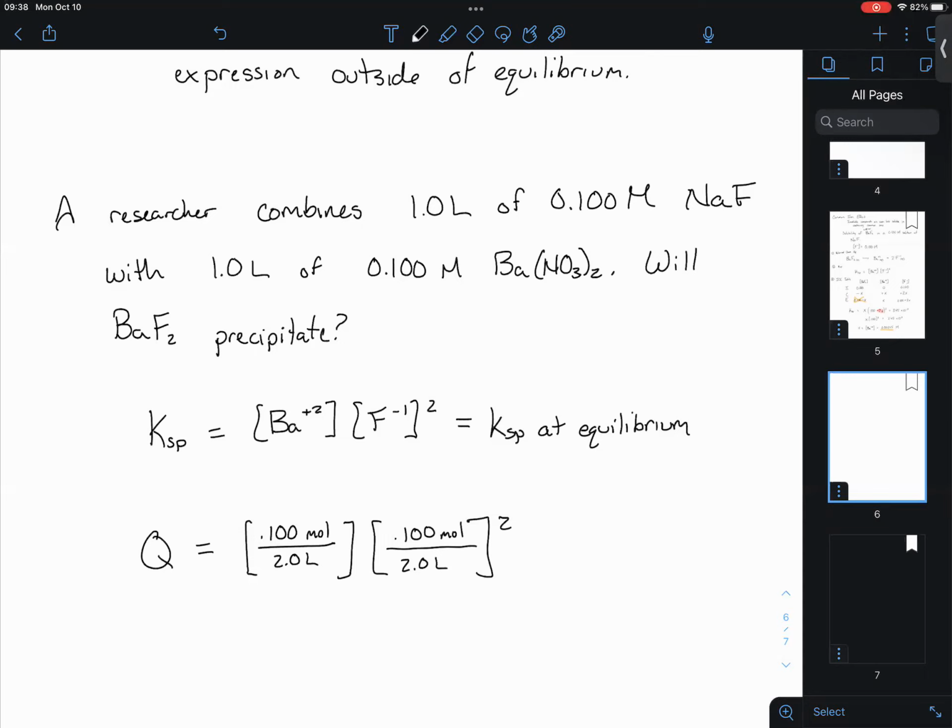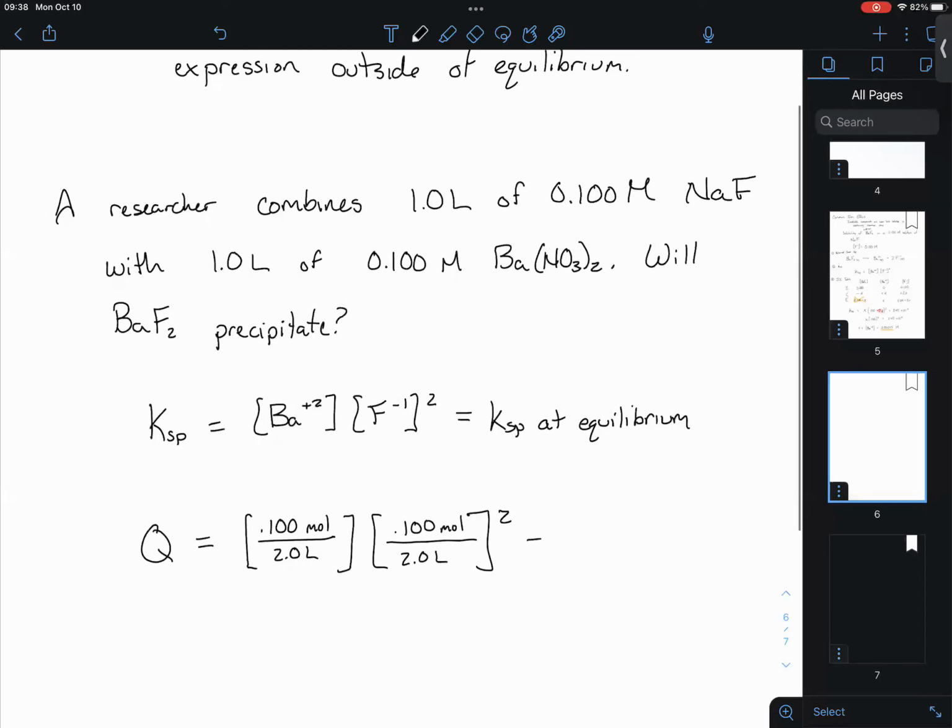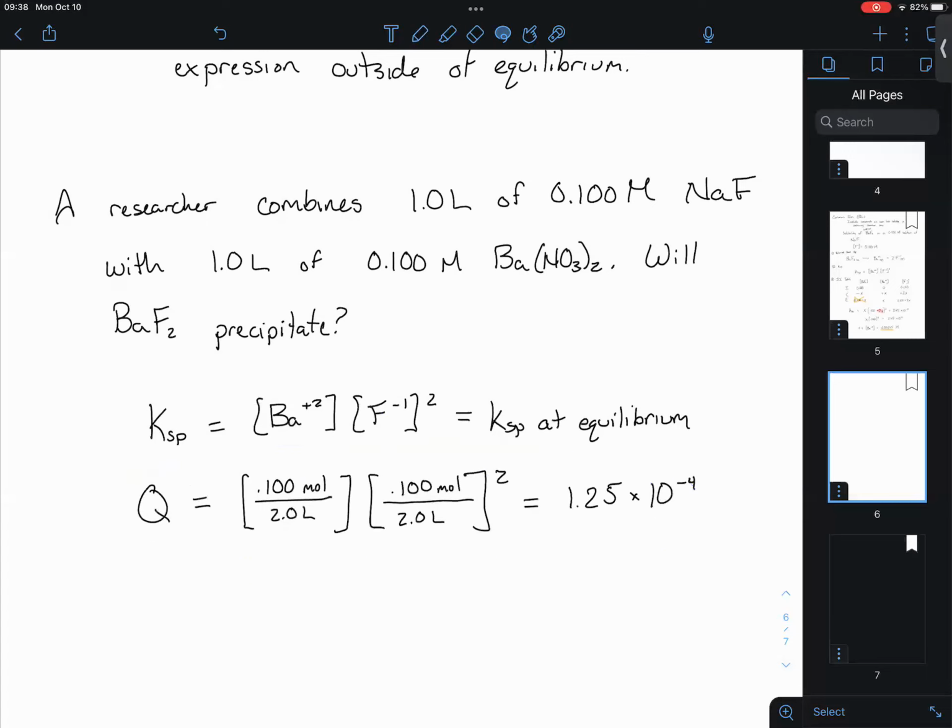So plug that in, and that will give me the value of Q, which is 1.25 times 10 to the negative 4. It's not equal to the Ksp because I'm not at equilibrium here. I'm outside of equilibrium. And what we can see is that Q is greater than Ksp, right?